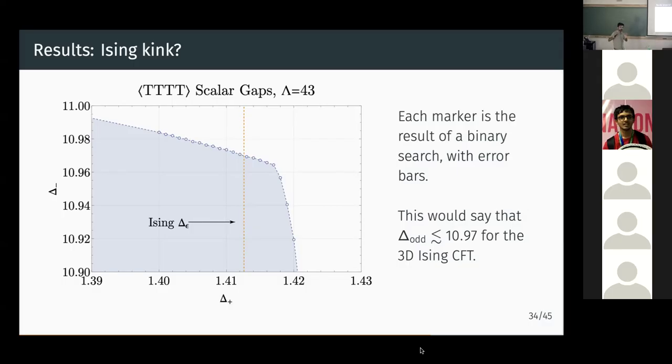And this is a bit weird, right? Because I'm asking, if I have a 4-point function of stress tensors, what sorts of solutions are possible with that? And somehow it seems to know that Ising is there. It seems to be very close to knowing that Ising is there, which is weird and mysterious.